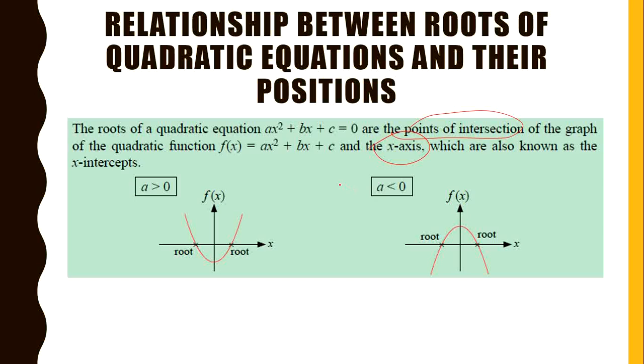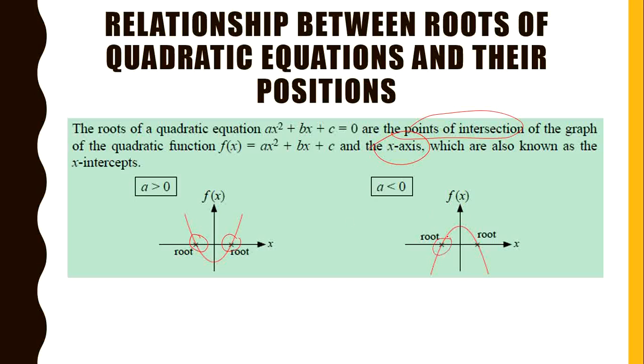Okay, kalau kita nak tengok dalam graf, nilai-nilai tu, dia berada pada, okay, kan graf kuadratik kan sama ada senyum ataupun masam kan. Okay, so dalam graf ni root-rootnya adalah bila mana quadratic function, graph of quadratic function ni dia merentasi x-axis.